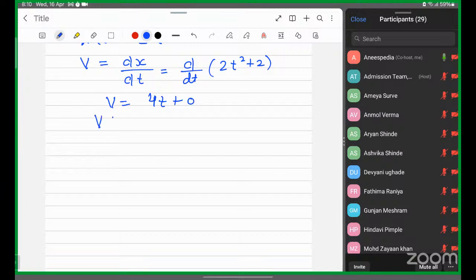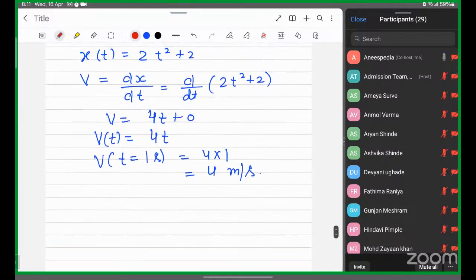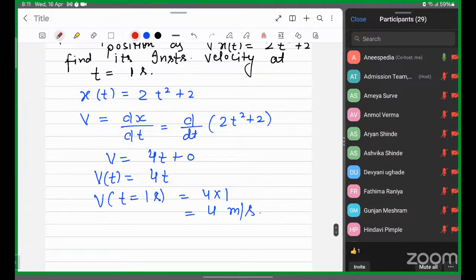So velocity as a function of time t is 4t. And we have to find out velocity at time instant t equals 1 second. So this will be 4 into 1, that is 4 meter per second. Understood? Understood, sir.